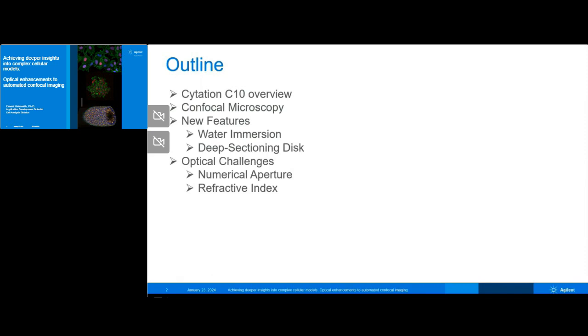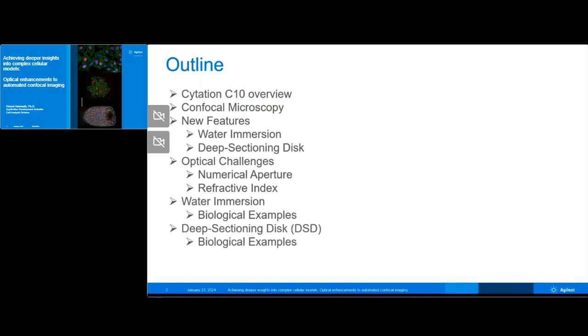I'll then describe some of the optical challenges that these new features address, which are the numerical aperture and refractive index. I'll then provide some examples to demonstrate how these new features improve imaging capabilities of both water immersion as well as the deep sectioning disk. And then I'll end with a brief summary and some conclusions.